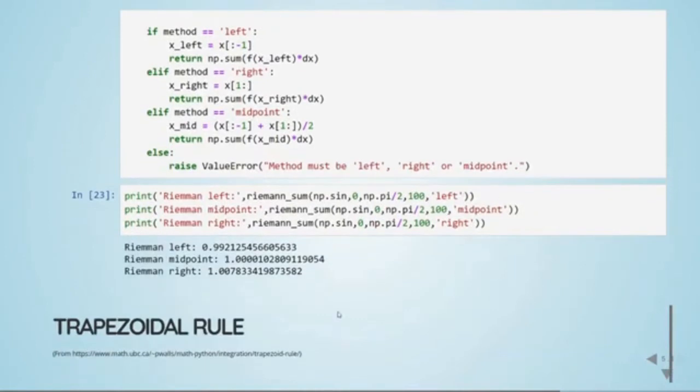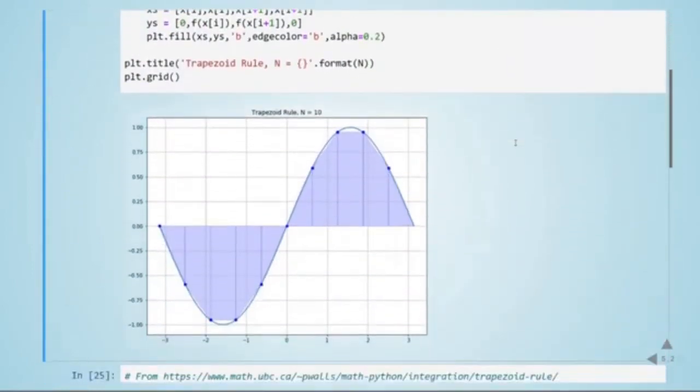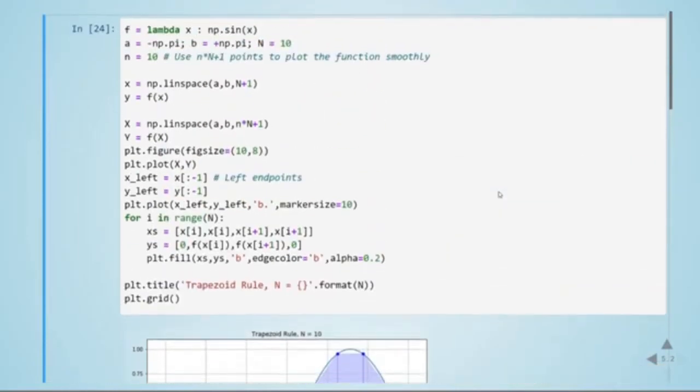Another very important method is the trapezoidal rule. The trapezoidal rule approximates an integral, but instead of using areas of rectangles, it uses areas of trapezoids. So we see that we have fewer errors using this technique.